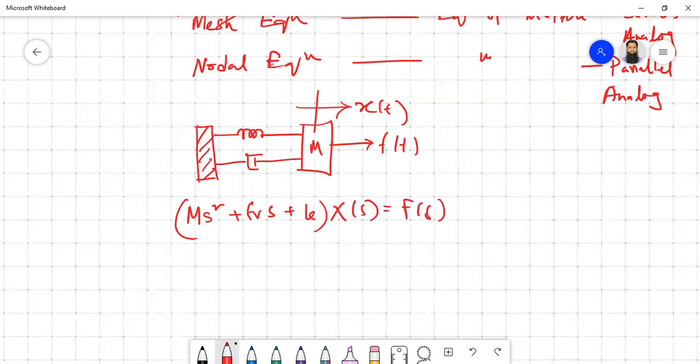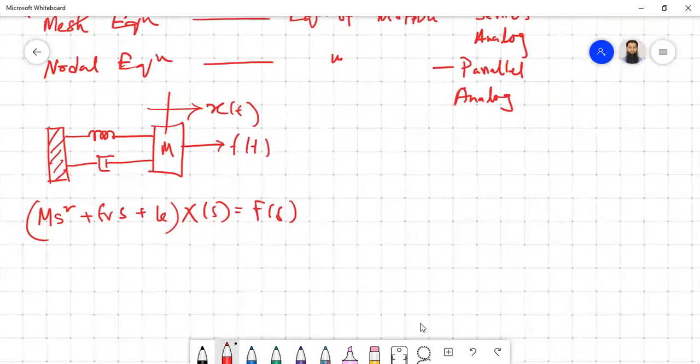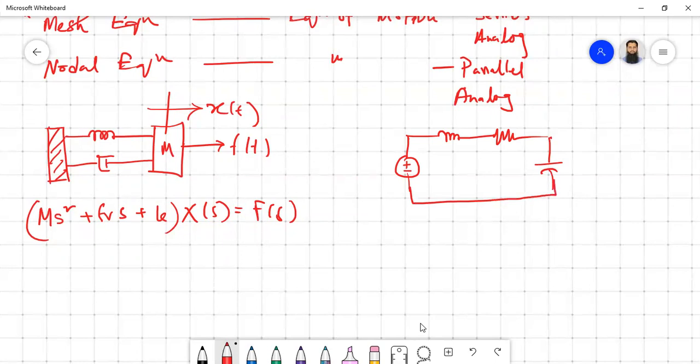Okay, so similarly, for the mesh analysis, we have to go for the loop or the mesh. And in the electrical one, we have something like this: inductor, resistor, then capacitor. This is your, say, e(t).